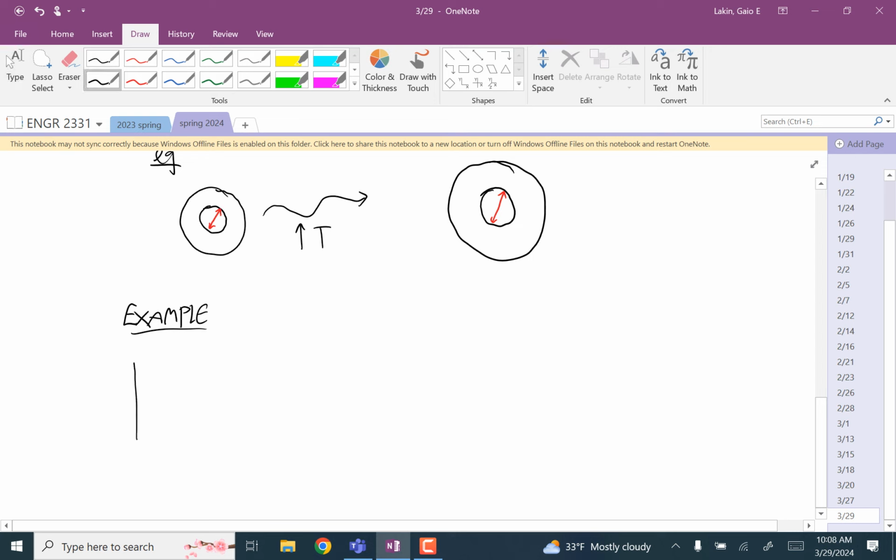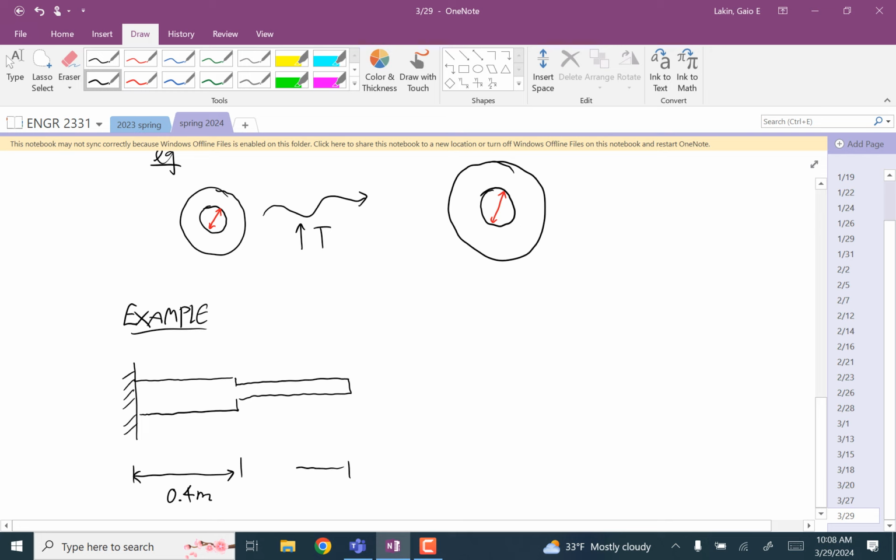Okay, so let's say we have a shape like this. And this is 0.4 meters.